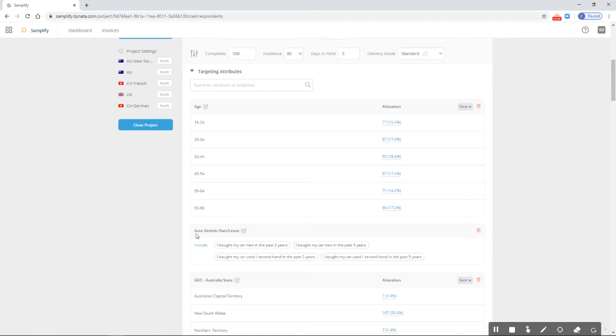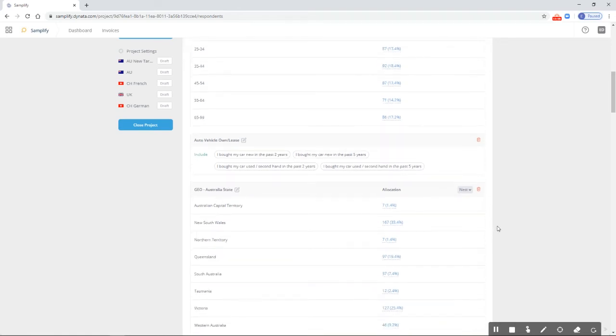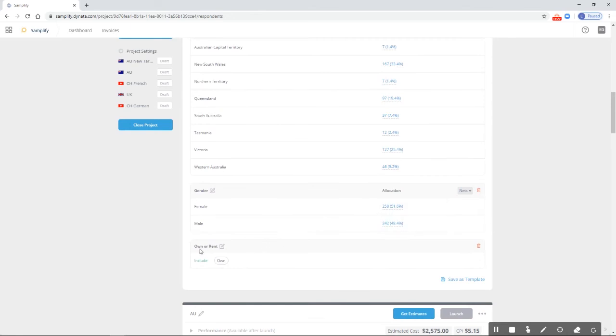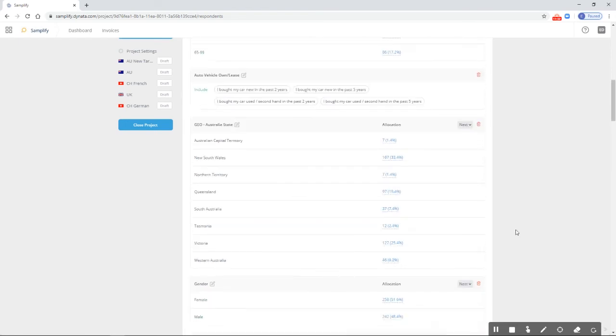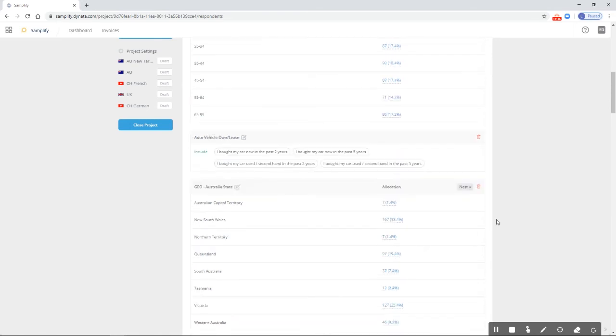In this case, for example, auto vehicle own lease is one option, or own rent. It might not be that obvious that own or rent, that either one would have one thing, but in a country which is quite big like Australia, I assume that almost everybody would have a car unless they do live in a very big city. So I would start by probably taking the auto vehicle own lease variable out.